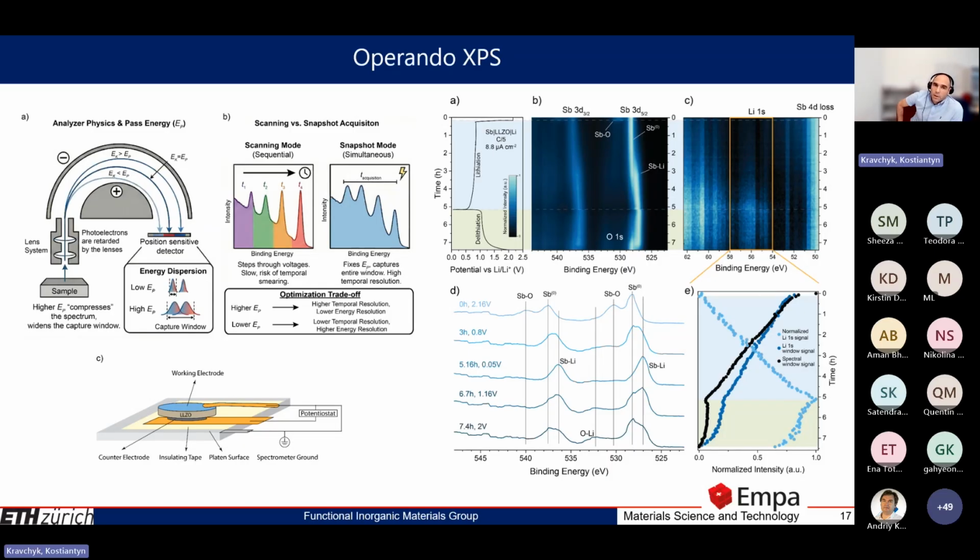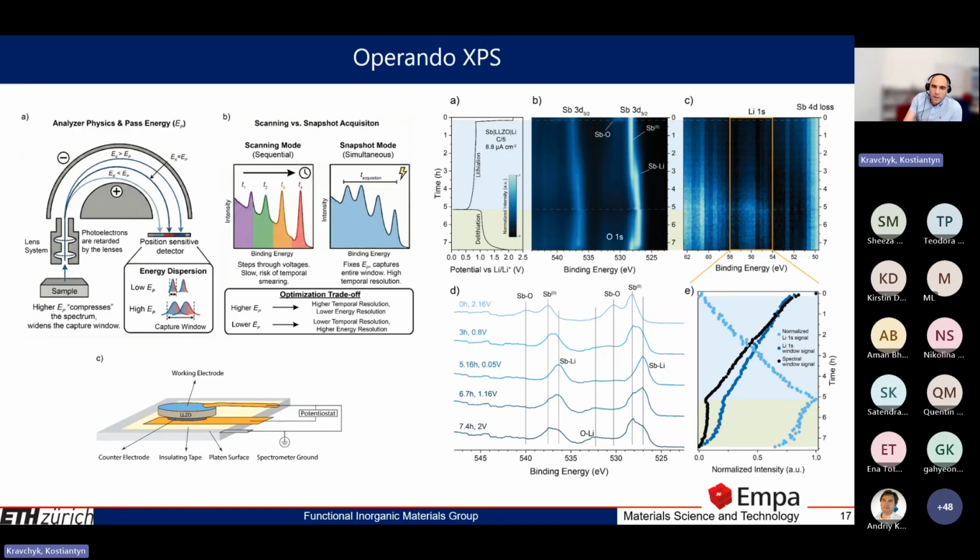So what can be done to increase this temporal resolution is you can apply so-called snapshot mode, which enables you to monitor changes of your surface within very short time.